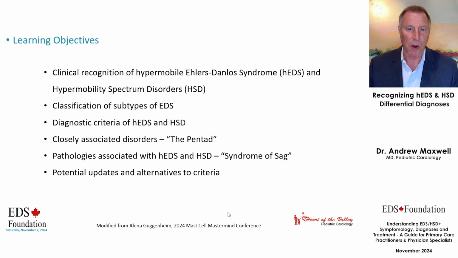I'm going to briefly go over the classification of the subtypes of Ehlers-Danlos syndromes, and then focus the rest of the talk mainly on hypermobility spectrum disorders and hypermobile Ehlers-Danlos syndromes, particularly the diagnostic criteria for determining their presence, closely associated disorders, what I call the pentad, as we'll discuss, and then pathology associated with hypermobility spectrum disorders, what I call the syndromes of SAG, and potential updates and alternatives to the current criteria we use.